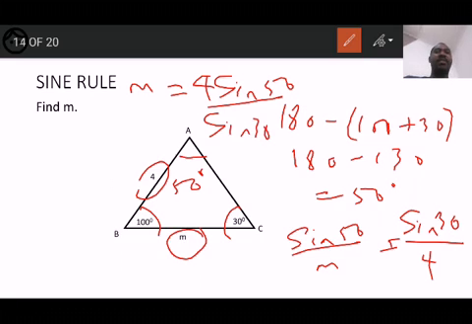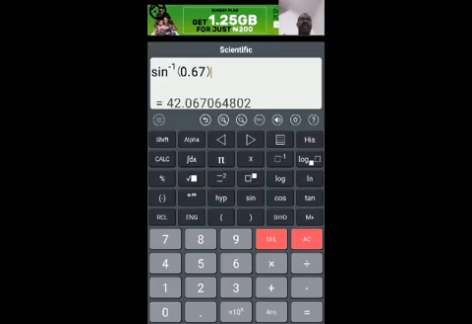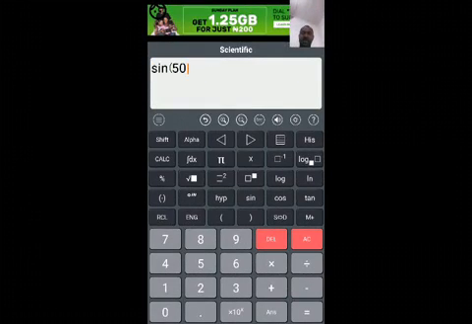So we can use our calculator to find sine 50 and sine 30. Let's do that quickly. Sine 50 is equal to 0.766.